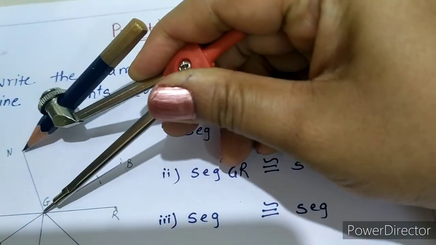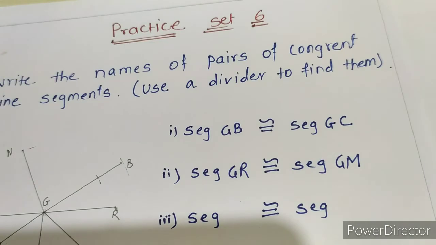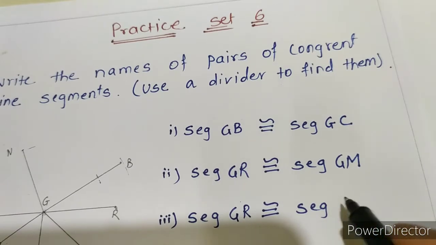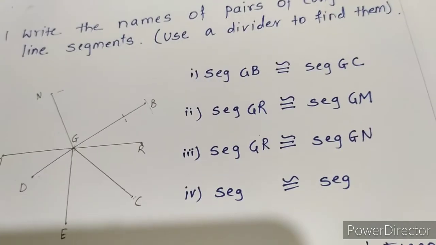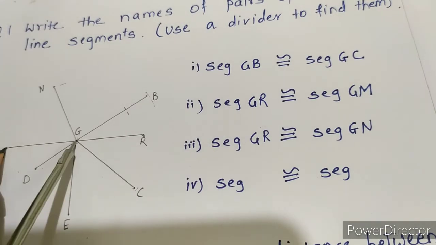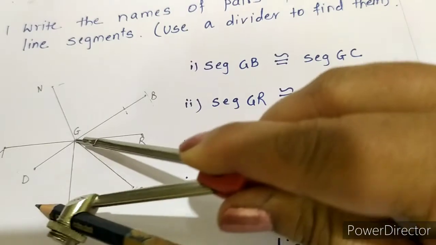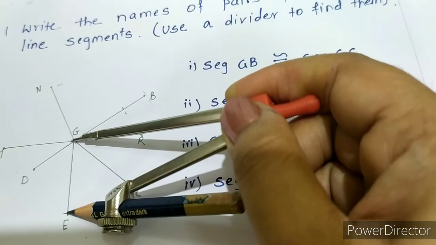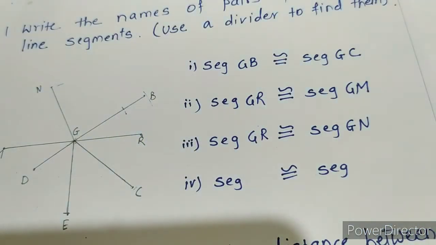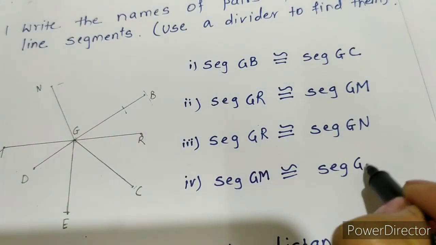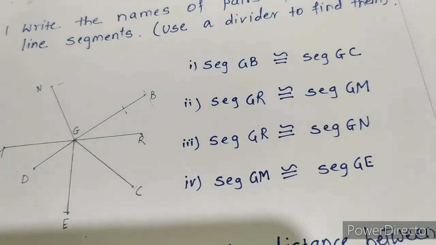So again another pair I'll write here: segment GR is congruent to segment GN. Like this you can make the pairs. Now measure GM and GE. It is also same. So another pair will be segment GM congruent to segment GE. So we found here the pairs of congruent segments.